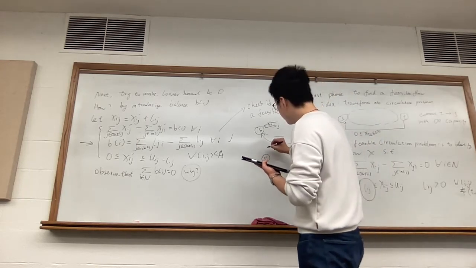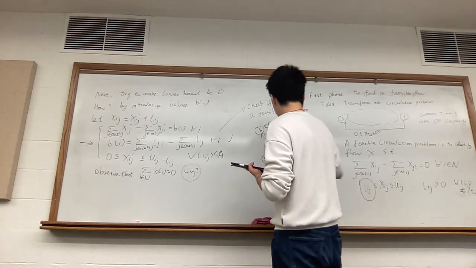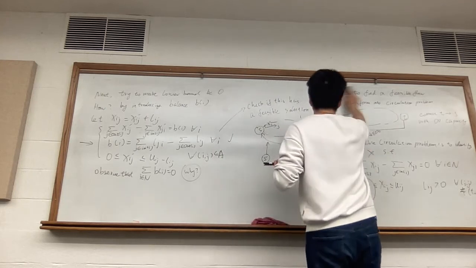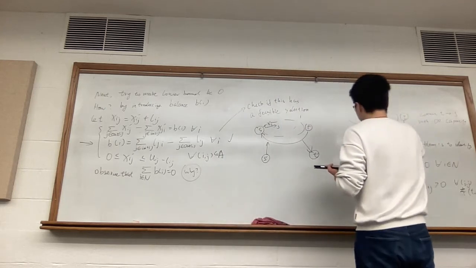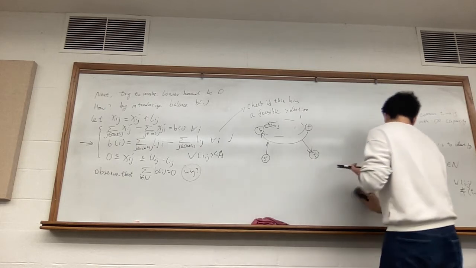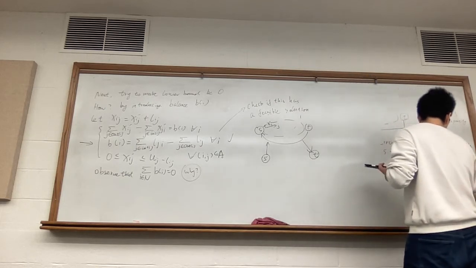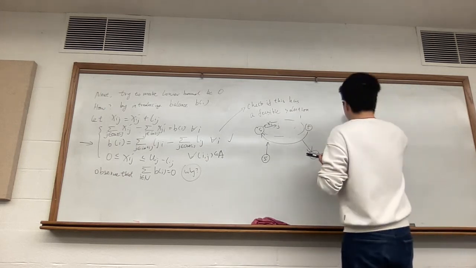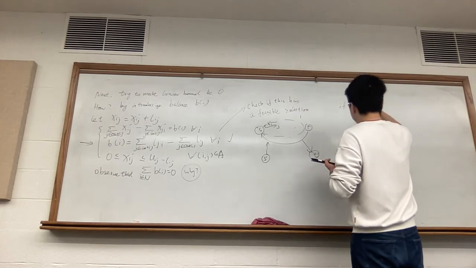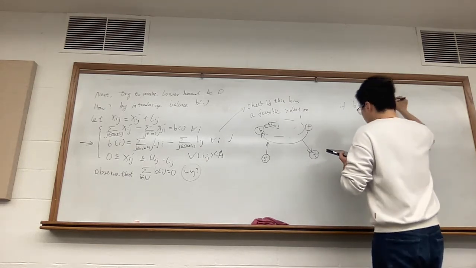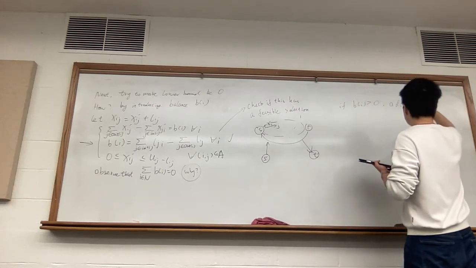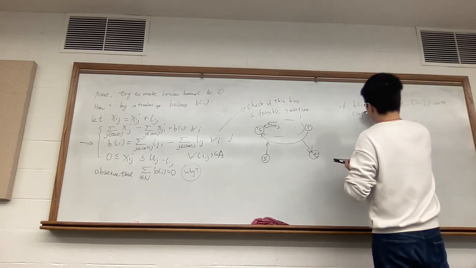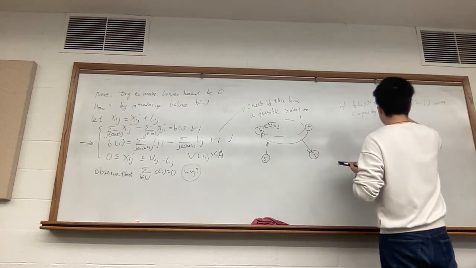So the way is like this. So let me write down. The solution is that if BI is greater than 0, we add SI with capacity BI.